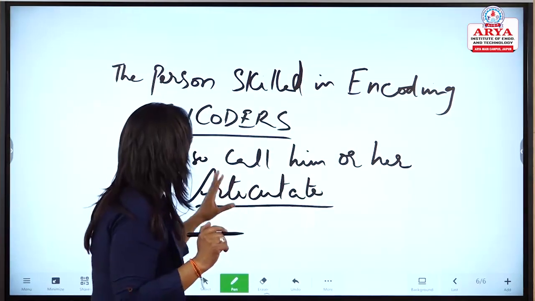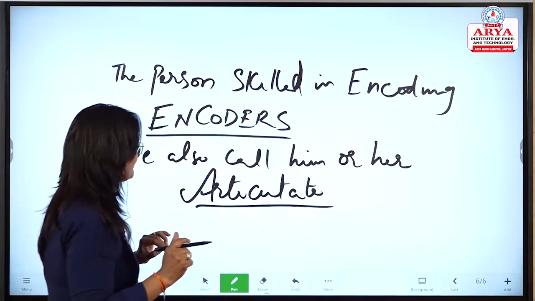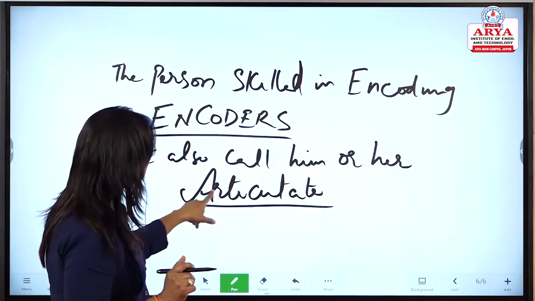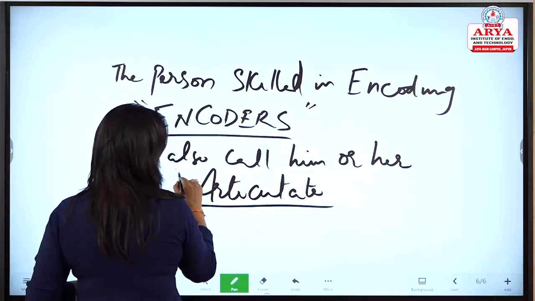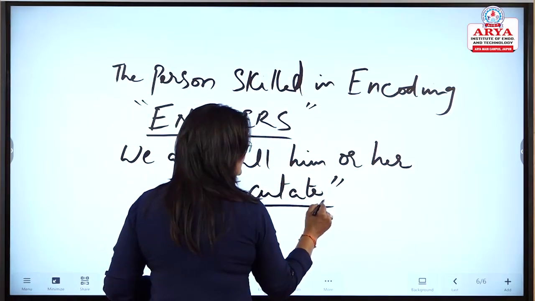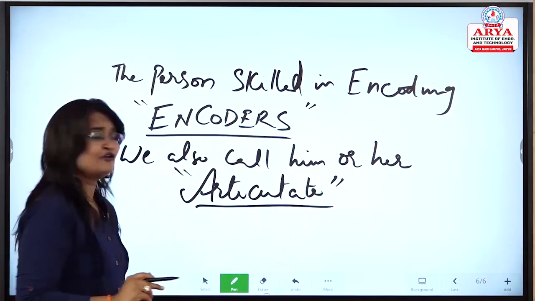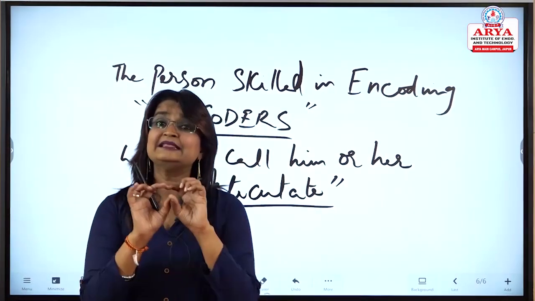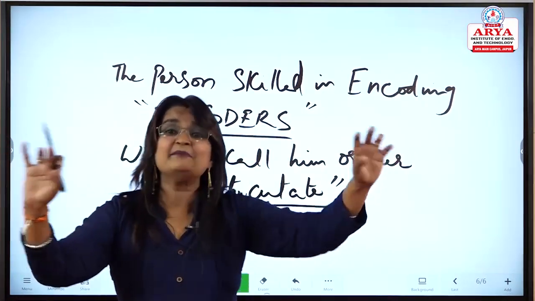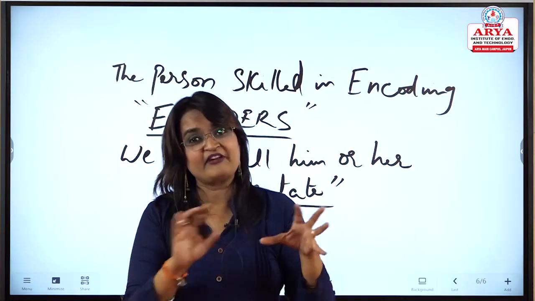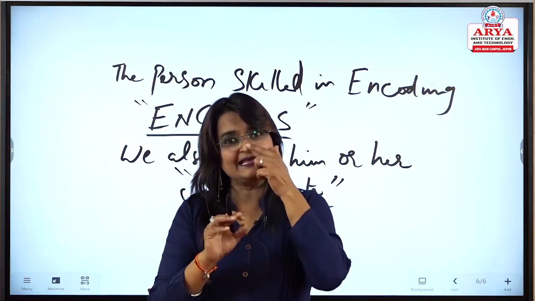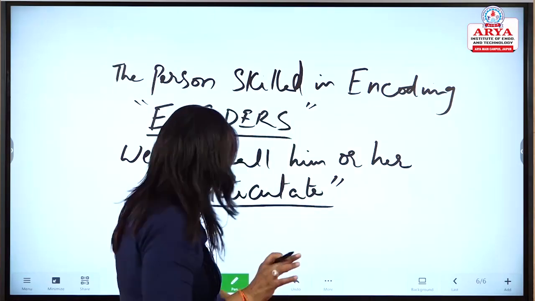Please remember, guys: encoders, articulators. They are the architects of that framing of the sentence. They are designing the sentence, framing the sentence. So again they are articulators.